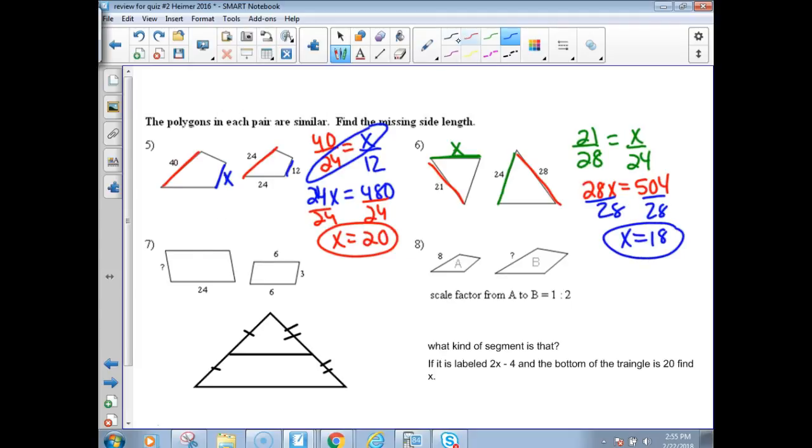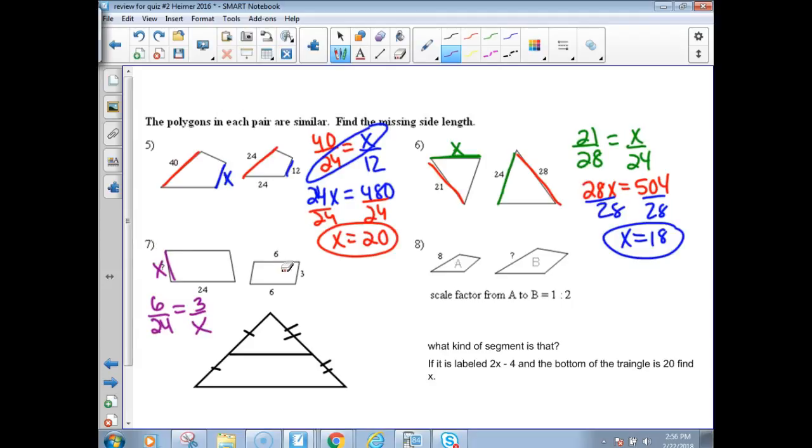All right, I need someone to set up number 7, please. Nathan, go ahead. So you guys might be finding it interesting that some people think differently than you do, and that's totally fine. So he said 6 over 24 and 3 over x. You're good. So I know some of you have x first, don't you?